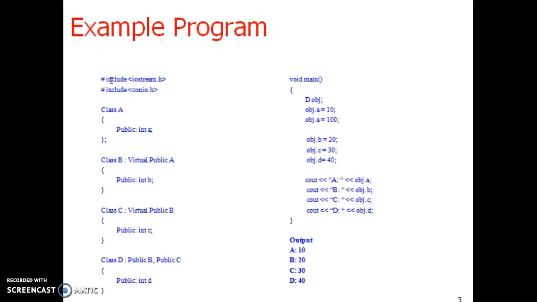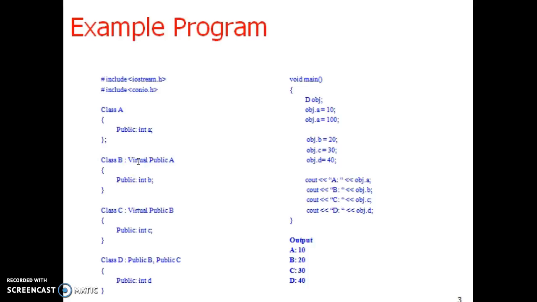So in the virtual base class, just see the program. You have the base class with the name A. You have one data member in it, and you have another class with the name B. When this class is going to inherit the features of A publicly, we are supposed to use the keyword virtual.